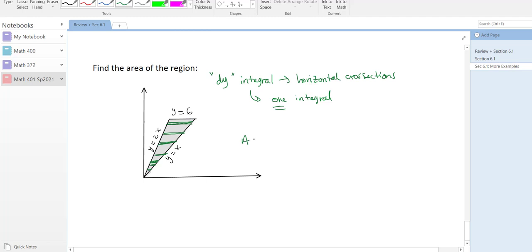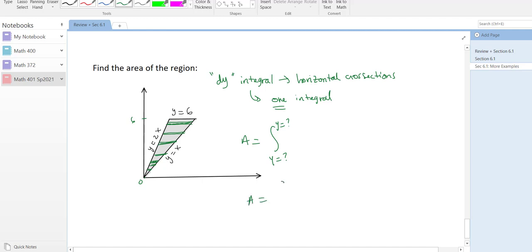So the area is going to be the integral from, now these need to be y values. As before, the other one was moving left to right, so you use x values. This one is moving up and down, so we use y values. So this goes from 0 to 6. They happen to be the same just because of our y equals x line.